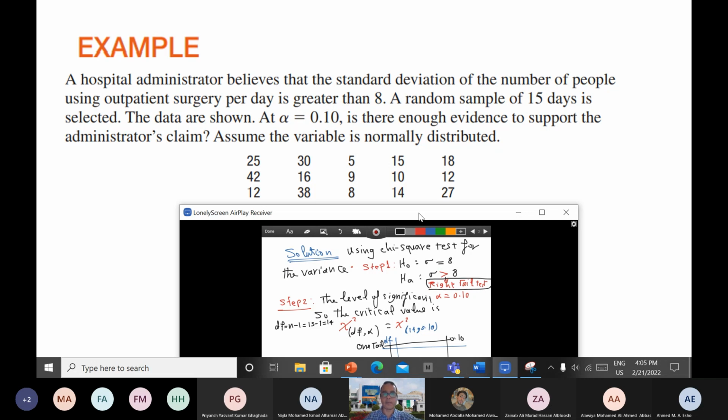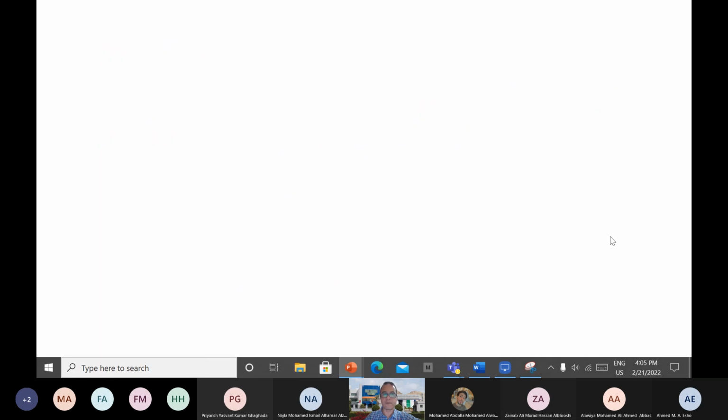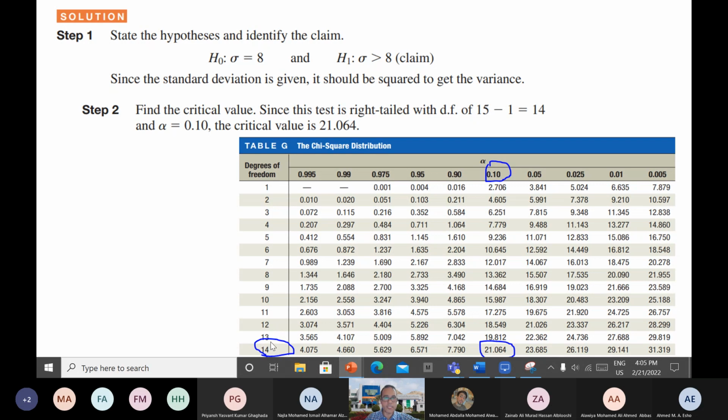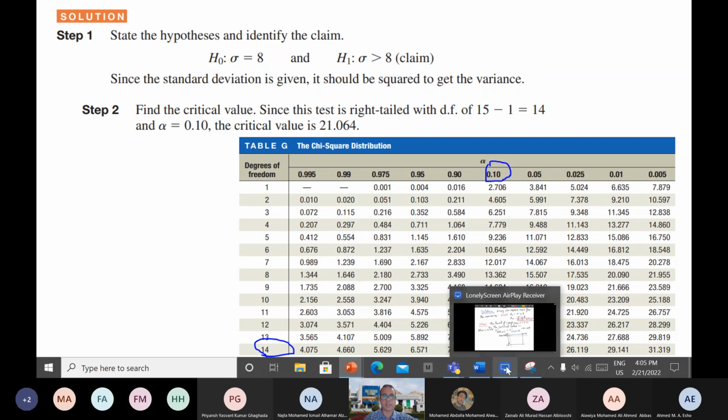Let's go for the table and see what we have. So I will go for 14 as a degree of freedom and go horizontally until I reach alpha equal to 0.10. Your test is right tail, so it is one tail for alpha. So what is the value? 21.064. Very good. So we know how to use the chi-square distribution.